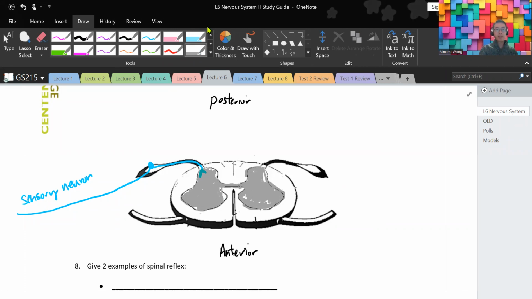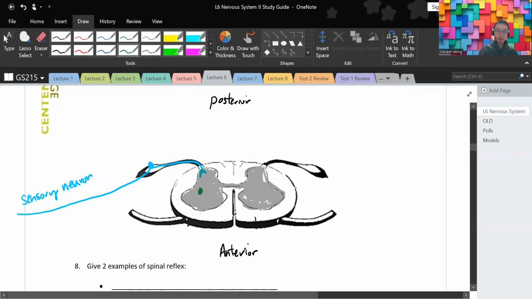And within the gray matter, you will find an interneuron. Okay, interneuron like this. And then the interneuron will decode the sensory information, it will decide what to do with it, and then it will send the signal back out, right, through the motor neuron, right?